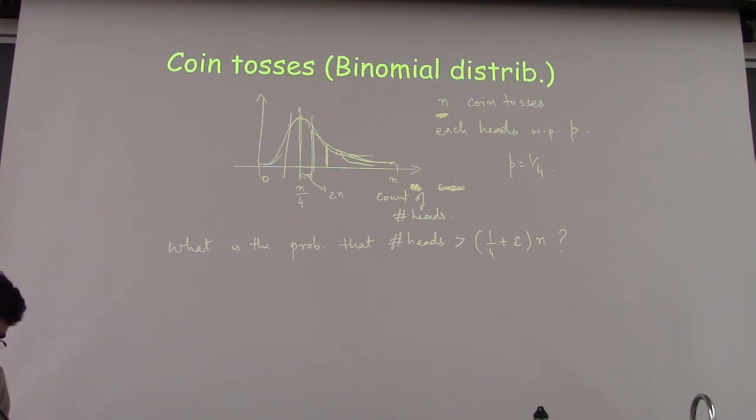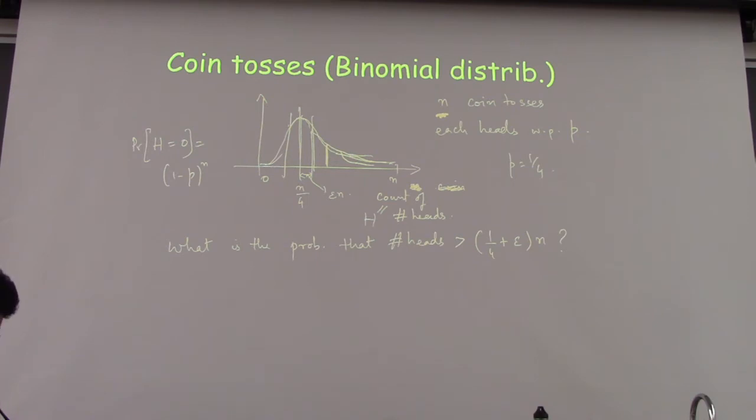Let's see the simpler probability. The count of the number of heads, let's call it capital H. Capital H is a random variable. The probability that capital H equals 0 is (1 minus p) to the n, because you want it to be tails all the time.